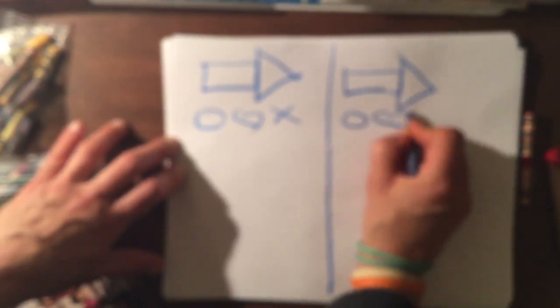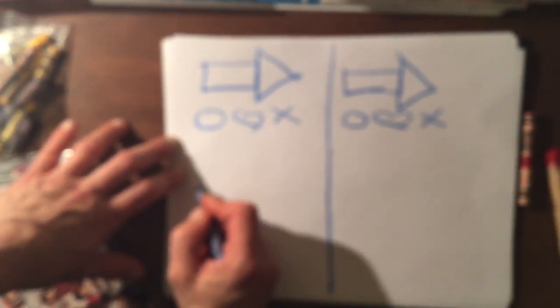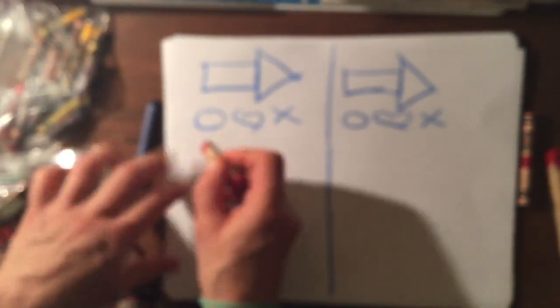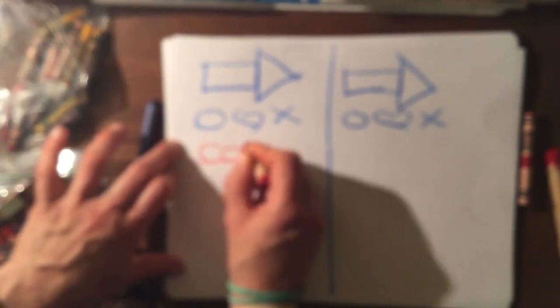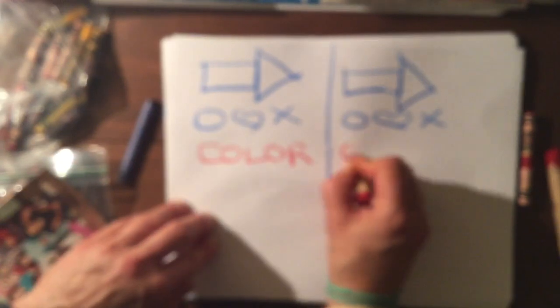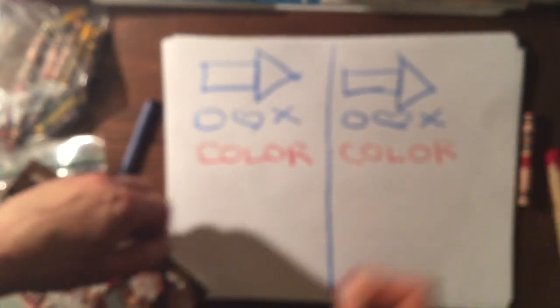That's symmetry with pattern. I can also do symmetry with color. So if I have red here, I must have red over here. So that's symmetry with shape, pattern, and color.